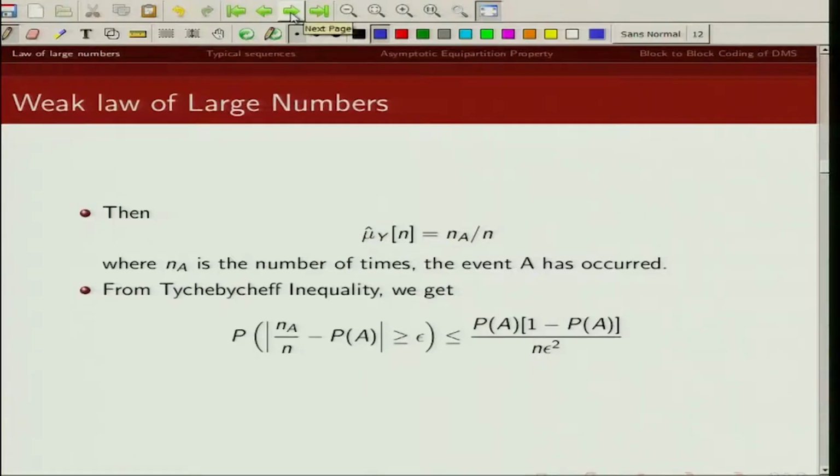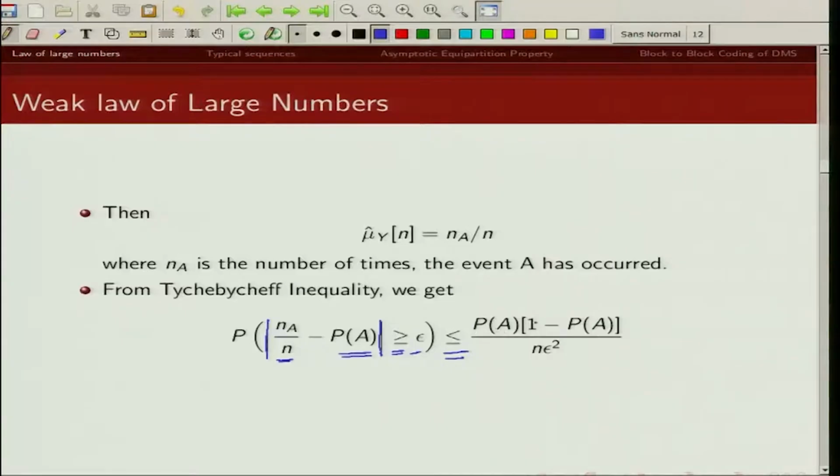So then from the Chebyshev inequality, we can write the probability that |Na by n minus the mean of that|, which is basically the probability of A, is greater than or equal to epsilon, is upper bounded by the variance by epsilon square, and the variance we have computed.